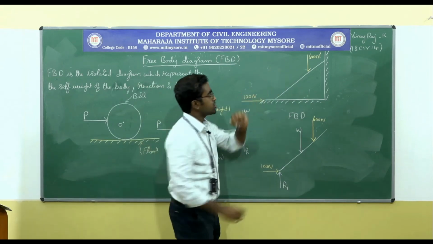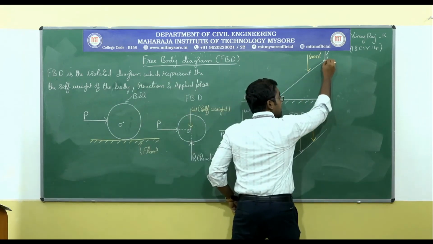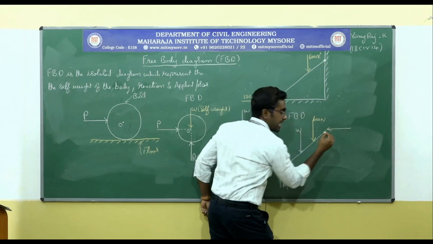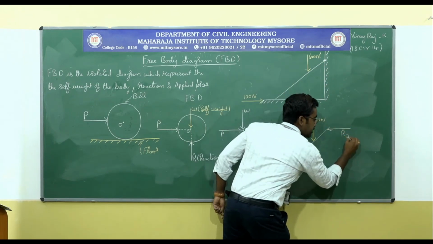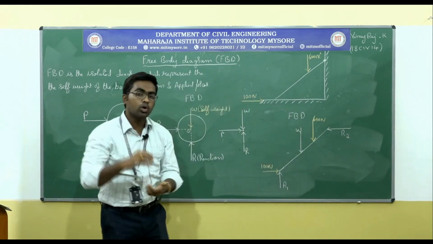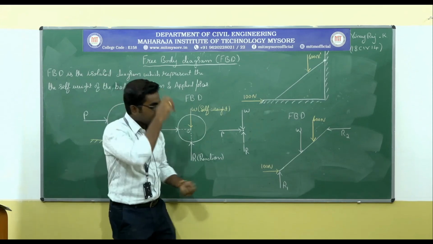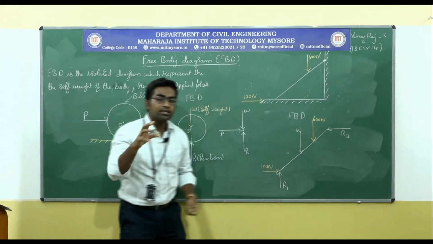Now the reaction which is offered by the wall at this particular point, and the reaction will be horizontal and it will look like this. Let me call it as R2. R1 and R2 are the reactions which is offered by the floor and by the wall on the ladder.